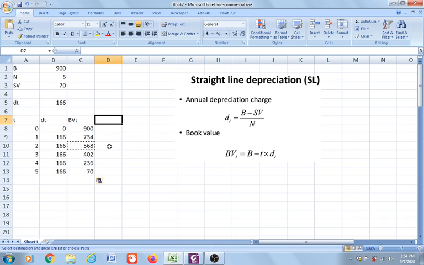Another way to calculate the book value of the asset using the straight line method is by using this equation: BVT equals B minus T times DT.